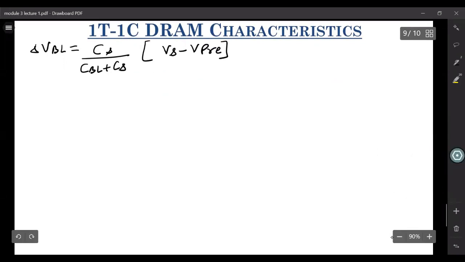I'll come to that later, but first let me explain the importance of this term over here. This ratio of the capacitance value of the external cap that you attach with this one transistor, divided by your CBL plus Cs, is called the charge transfer ratio.